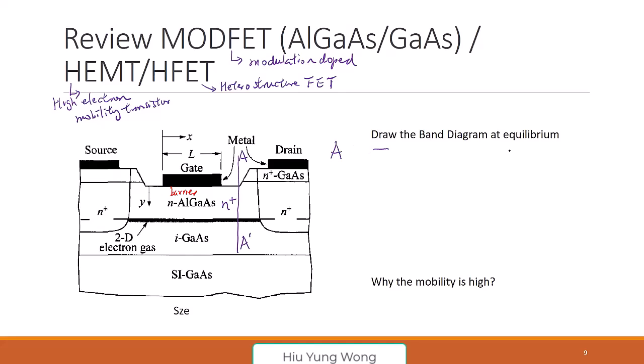Before they are contacted together, aluminum gallium nitride has a wider band gap. I mean, aluminum gallium arsenide, we call it AlGaAs. And then GaAs, gallium arsenide, has a narrow band gap, but it is undoped. So the Fermi level is in the middle.